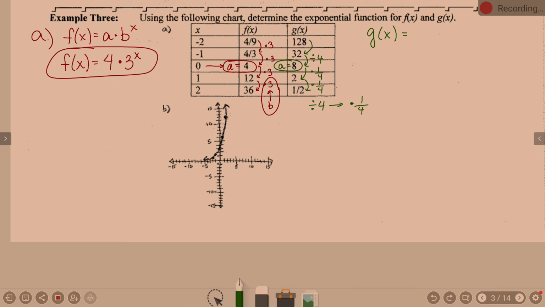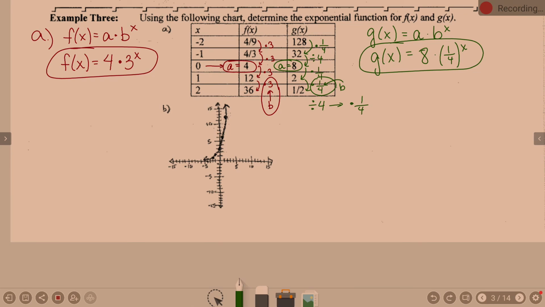And if you go back up here, 128 times a fourth is 32. So yes, it's dividing by 4, but we need it in terms of multiplication. So, if this is g of x equals a times b to the x, g of x is 8 times 1/4 to the x.